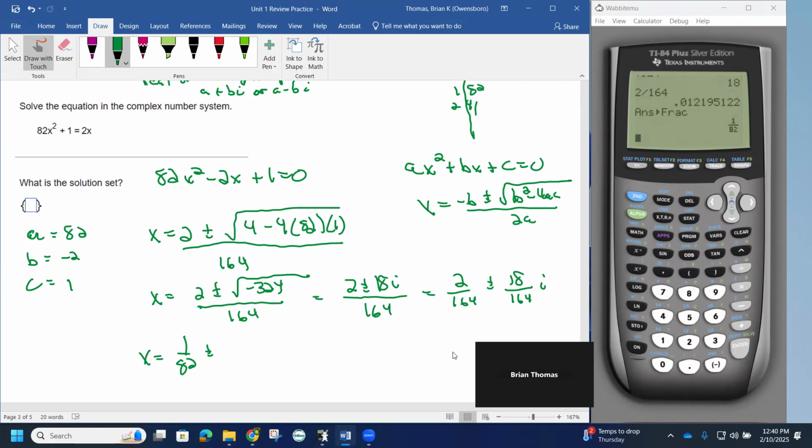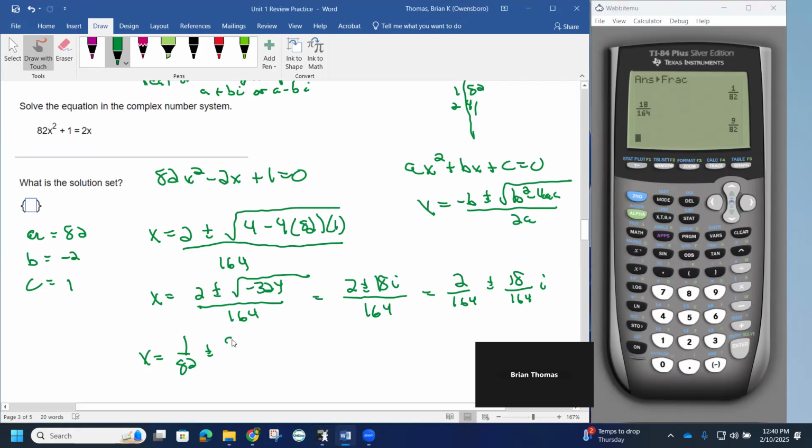And then we reduce the 18 over 164. You can also use the fraction button on the calculator. Remember under F1, there's a fraction button. If I hit alpha and y equals, it'll give me a menu, number one. I can type in the 18 and the 164 underneath, and it'll keep it in fraction form of 9 over 82.